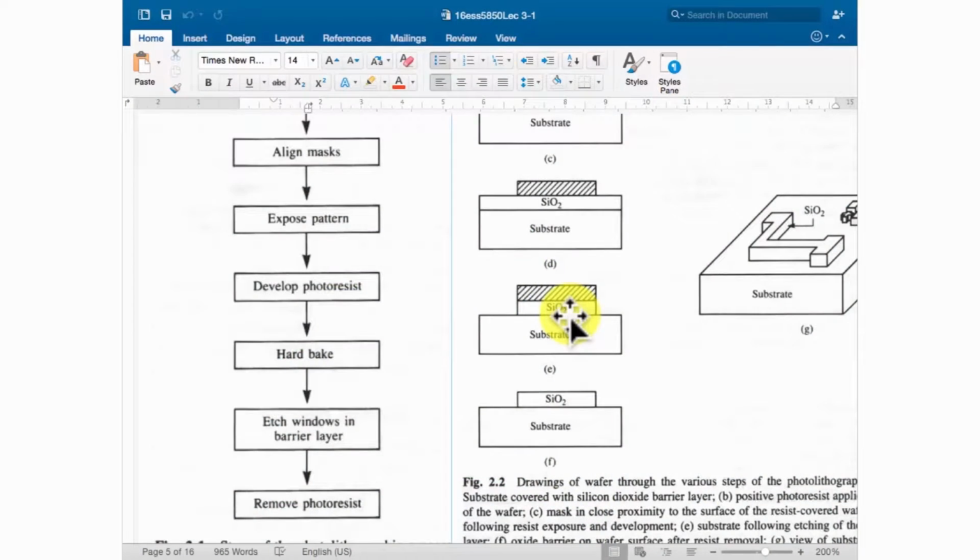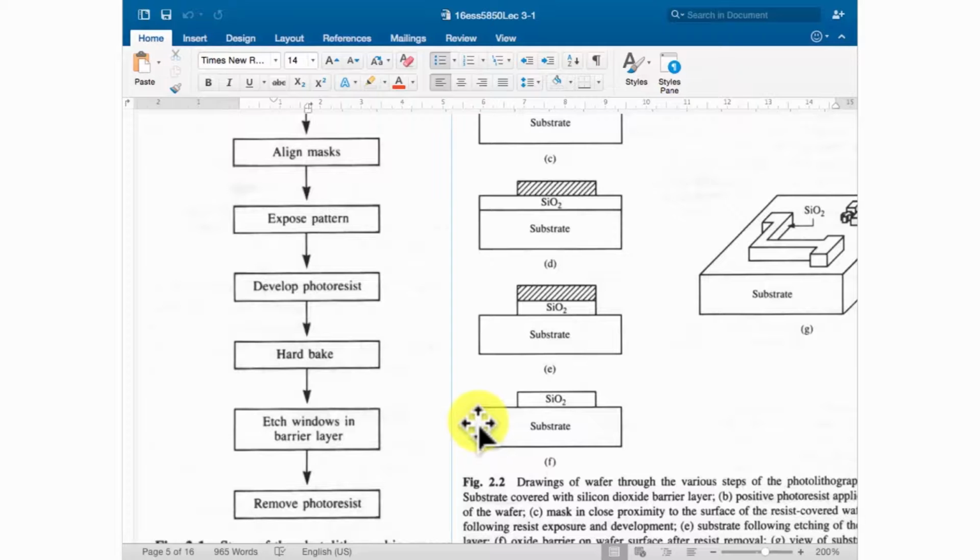In the end, only the protected area remains, so that forms the structure. At the end of the process, you remove the photoresist. This is only a temporary material you put on the surface. After you finish the process, you take the material out, and then you get the structure.